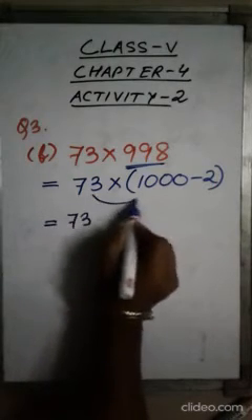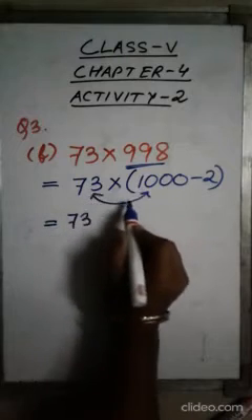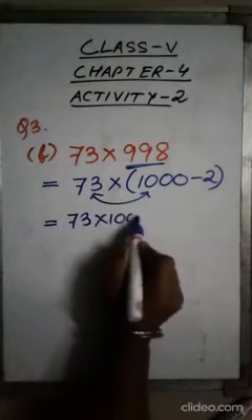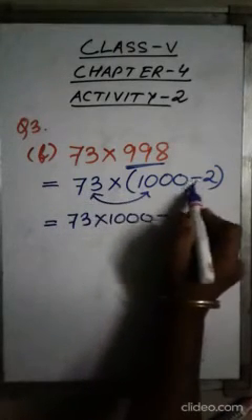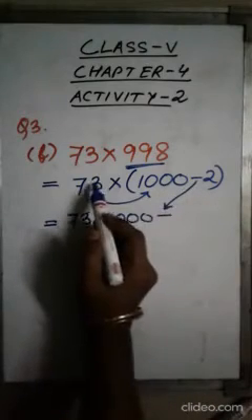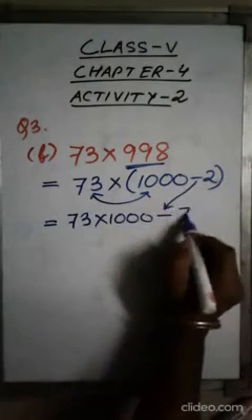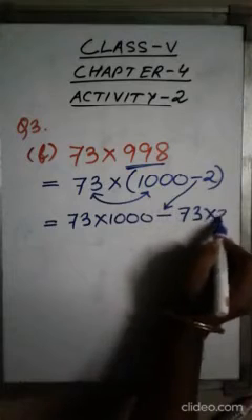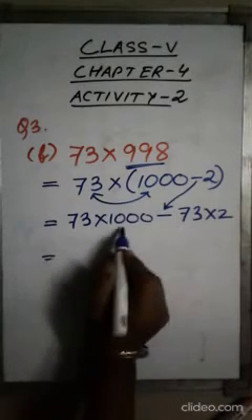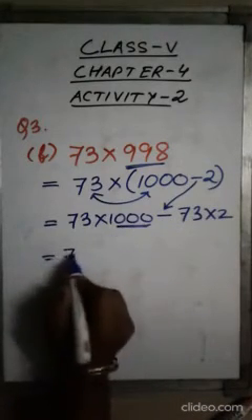So it can be written as 73 into 1000 minus, this minus sign will come here, 73 into 2. 73 into 1000 you can do easily.